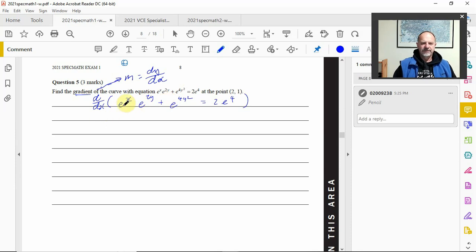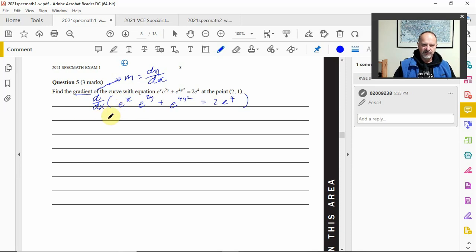In the first term here, we've got a product, so we're going to do the product rule on this first term. So derivative of that times that plus the derivative of that times that. So derivative of e to the x times e to the 2y plus the derivative of e to the 2y times e to the x.